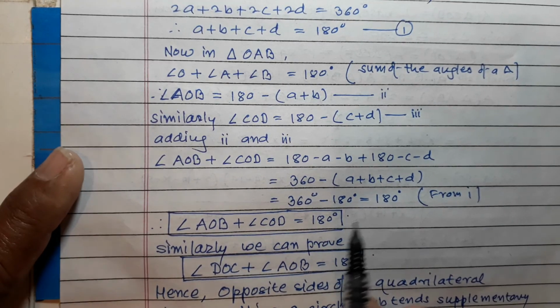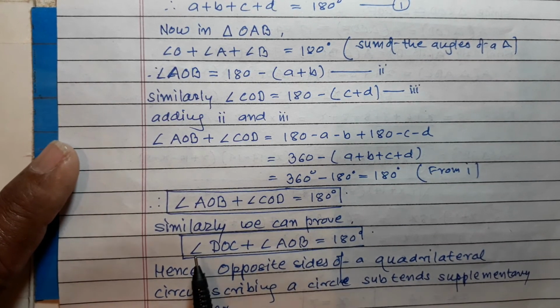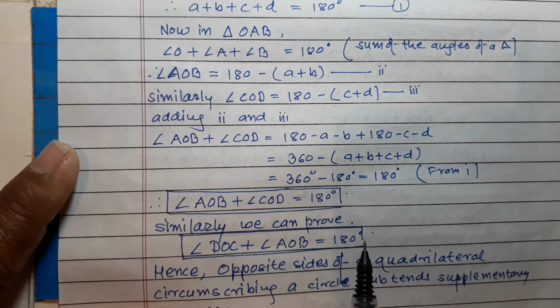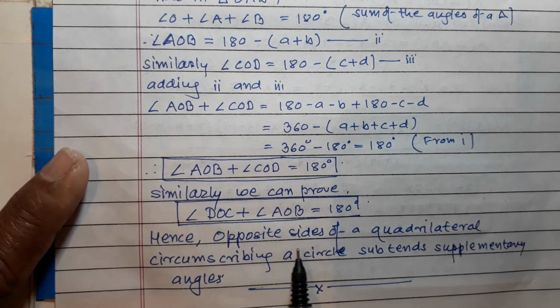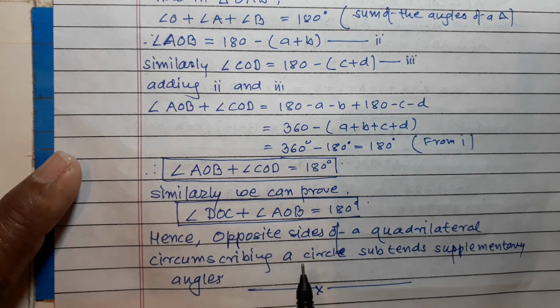So they are supplementary to each other. Similarly, we can prove angle DOC plus angle AOB is equal to 180, and hence opposite sides of a quadrilateral circumscribing a circle subtend supplementary angles.